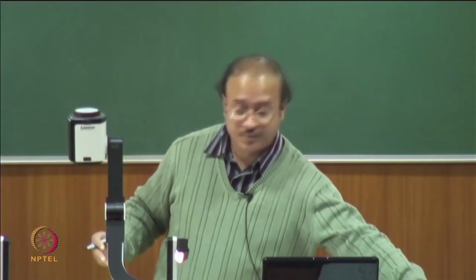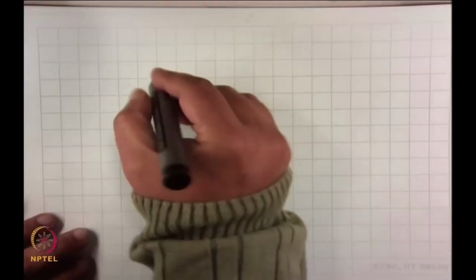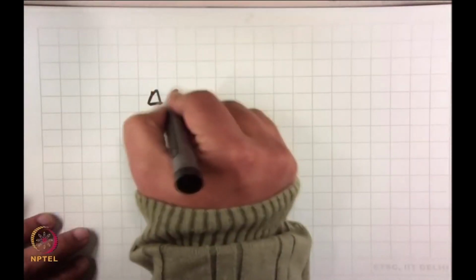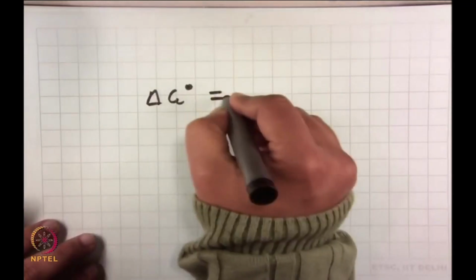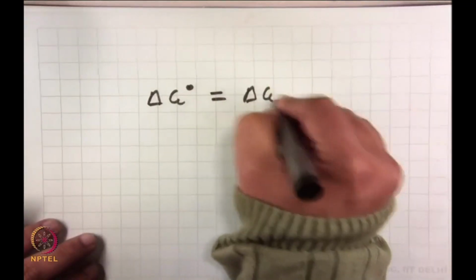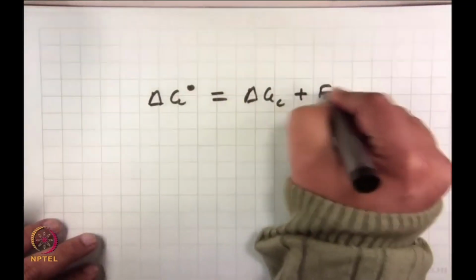So, what we can do now is combine these two processes and say that my delta G0, which is my transfer free energy, is a combination of delta Gc and EA.